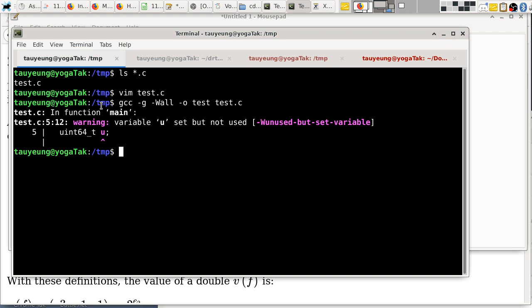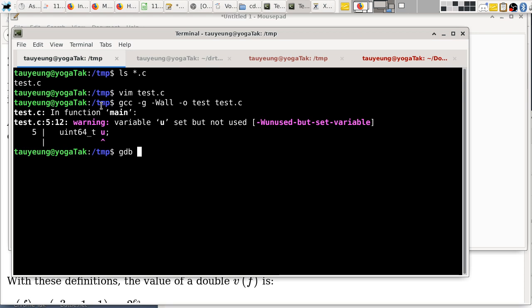And the warning says, variable u is set but not used, which is basically saying I put a value into the variable, but I never refer to the variable. So it's the compiler saying, hey, maybe you intended to use this variable somewhere. I'm just warning you that you have one variable that is not used. Maybe it's a mistake. Okay, you might want to double check. It's just a warning. But in this case, the warning is okay, it is not a mistake.